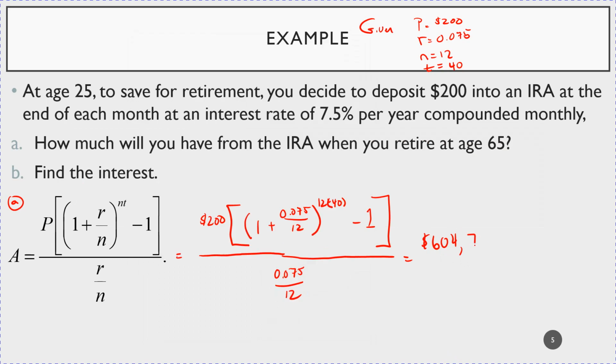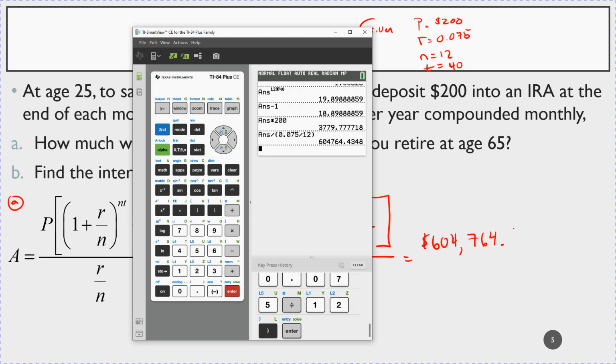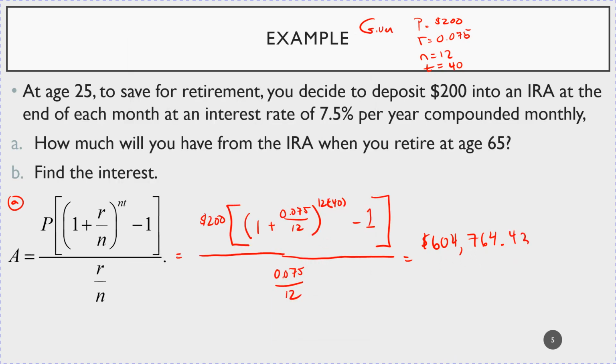Wow. Think about it, $200 a month might seem like a lot now, but over time, this is called the time value of money. It's growing.